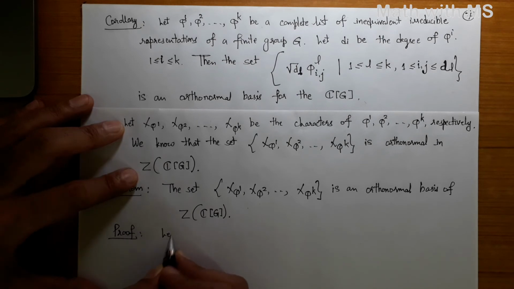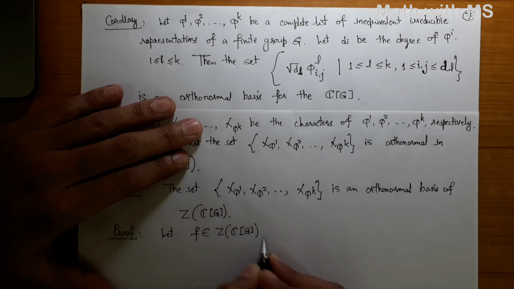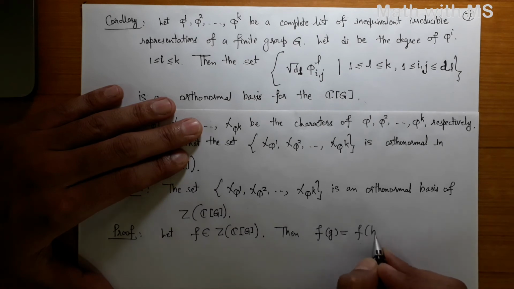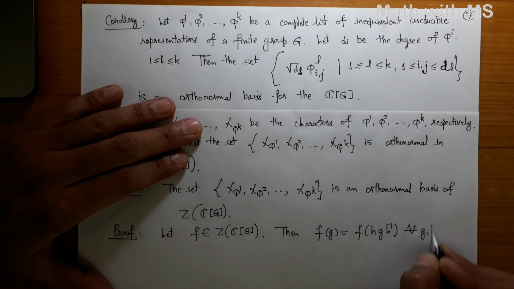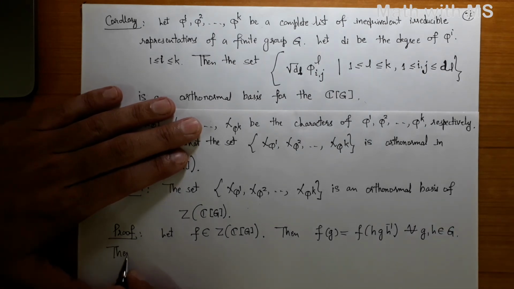Proof. Let f belong to ZCG, a class preserving function. Then by definition f of g is the same as f of h g h inverse for all g and h in the group G, because it's a class preserving function. Then we can write it in the following form.